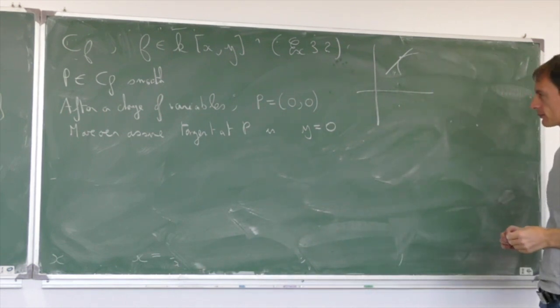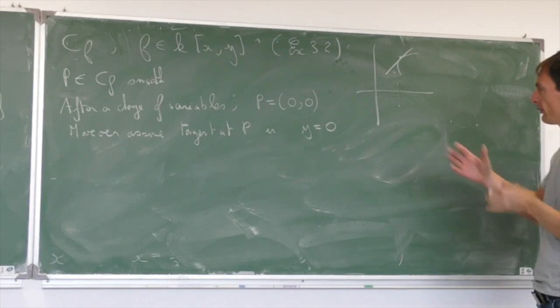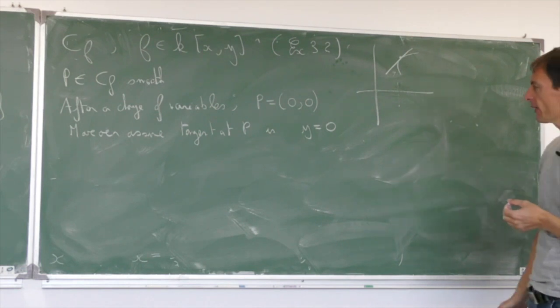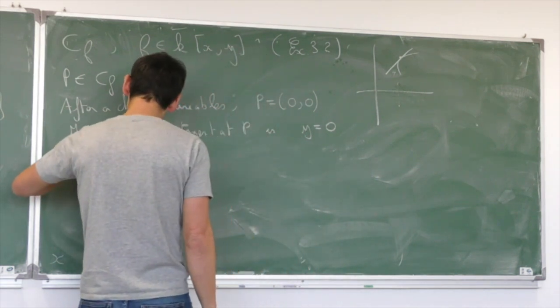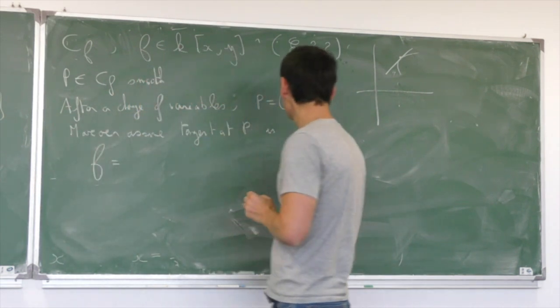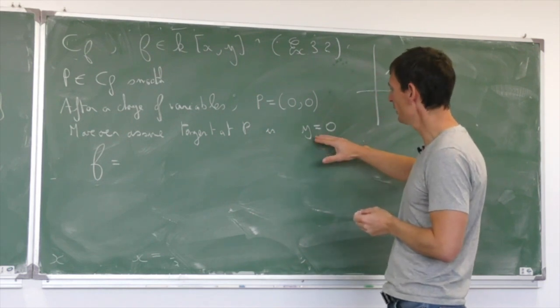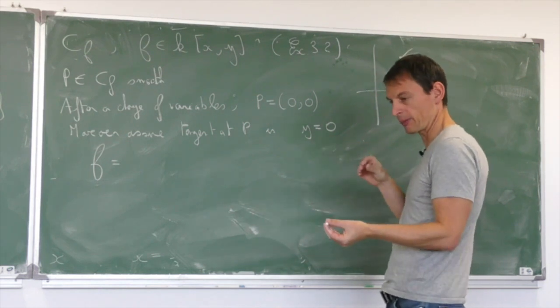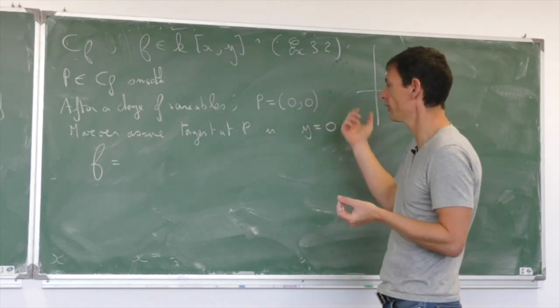All right. So if I do all this change of variable, then I see that F has a precise form. F has to be a polynomial in X and Y. But now, if I look at the lowest term, first it has no constant term because at 0, 0 it must be 0.